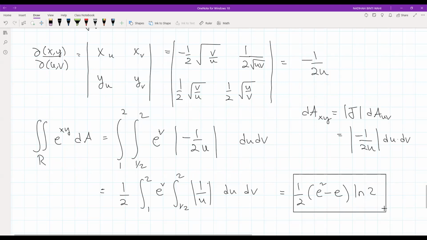So this is the answer. The important thing is, I know that you can do the integration, but the problem will be how to set up the integration in 2D.